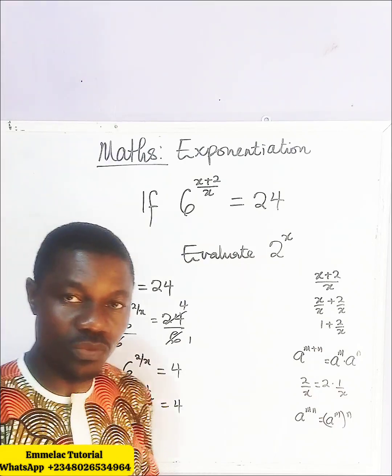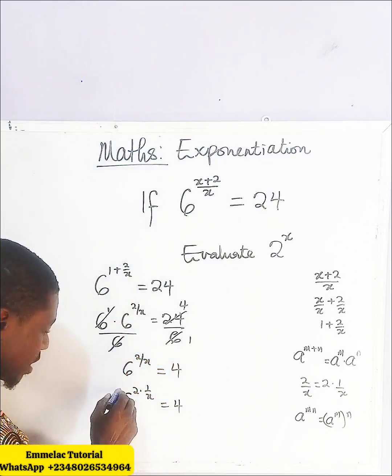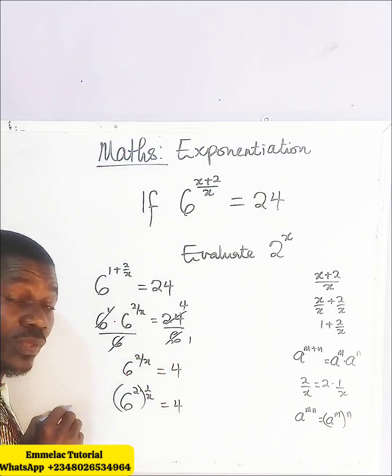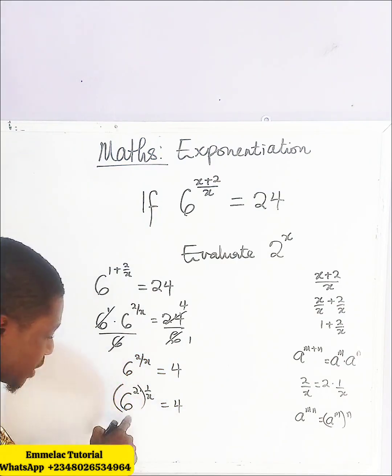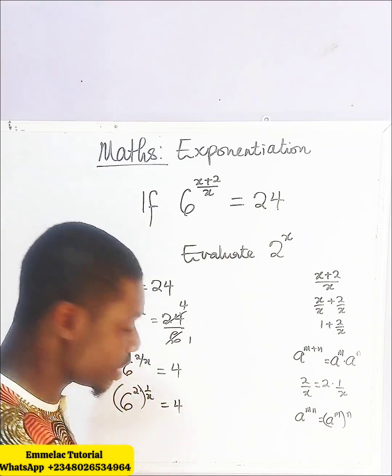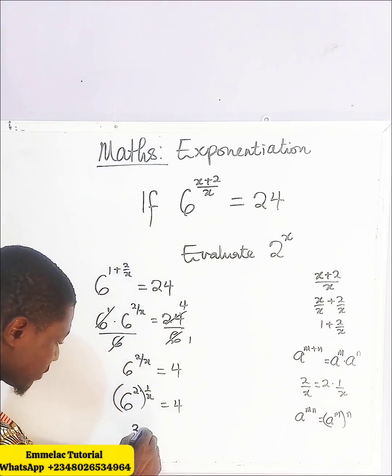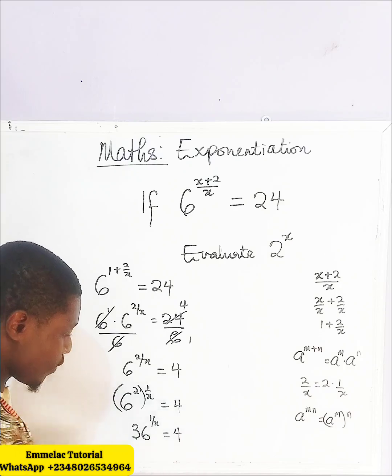Now if we apply our parentheses, it becomes this, and 6 raised to the power of 2 is 36. We have 36 raised to the power of 1/x equals 4.